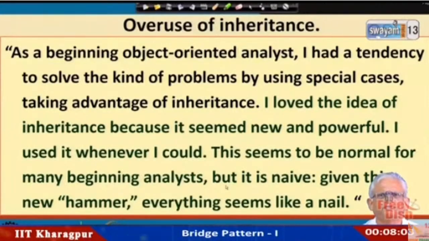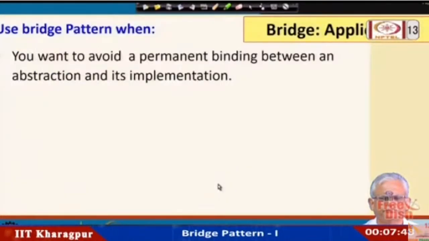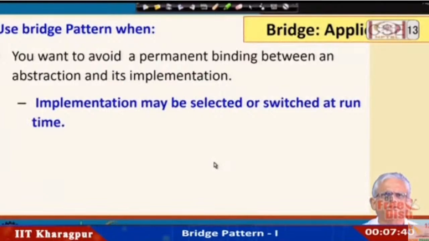Very correct, and that's how many application solutions become complex. Because of the overuse of inheritance, they tend to violate the single responsibility principle, and we must keep in mind the bridge pattern and make use of it. Given an ugly design, we should be able to refactor by using the bridge pattern. We must use the bridge pattern when we want to avoid a permanent binding between the abstraction and implementation.